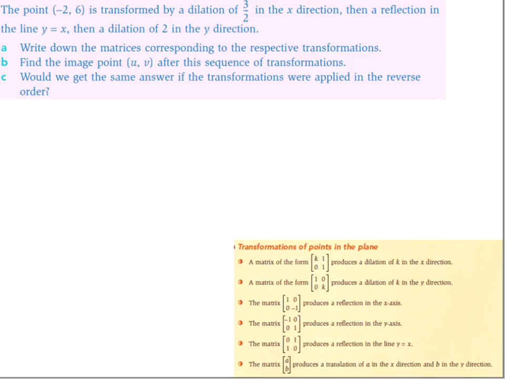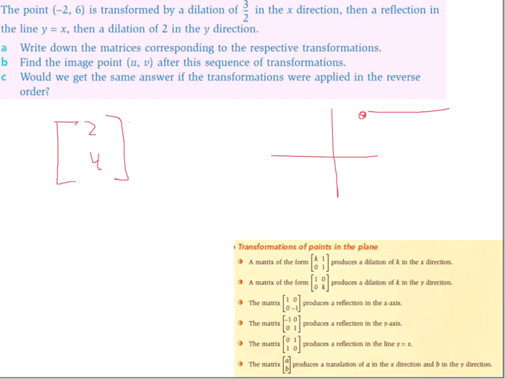So say, for example, you had a matrix of, say, 2, 3, 4, 1. I'll just do the simple number. Say for example you had a point (2, 3), and you translate that point.